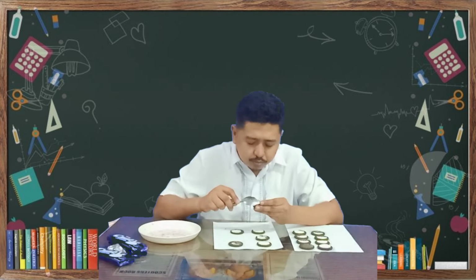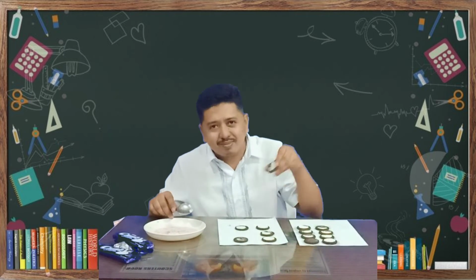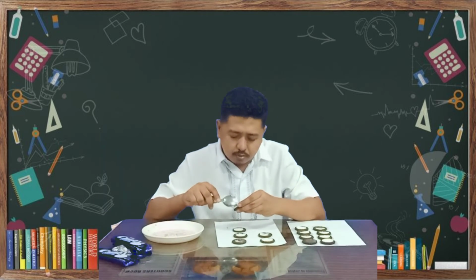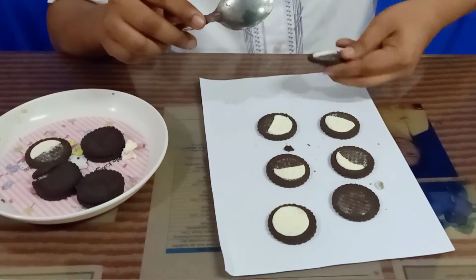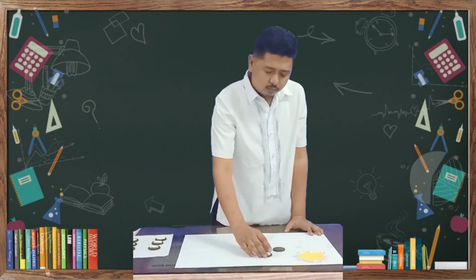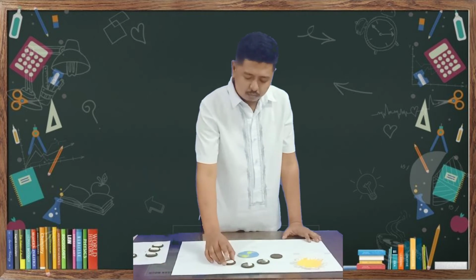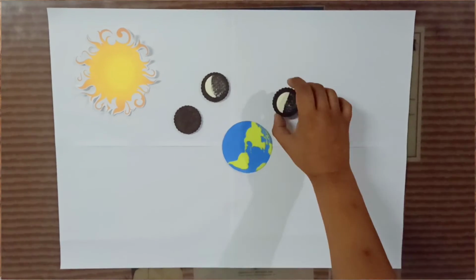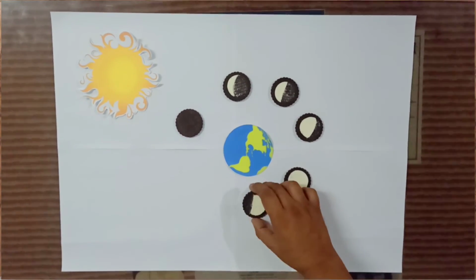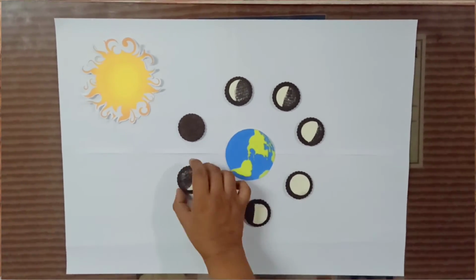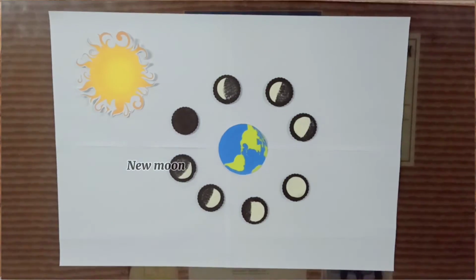Full moon and new moon are already done when you pull apart your cookies. Second, scrape the filling to resemble each face of the moon. Third, place the cookie faces on the plate in the correct order in relation to the earth and sun. And last, label the cookie faces starting with the new moon.